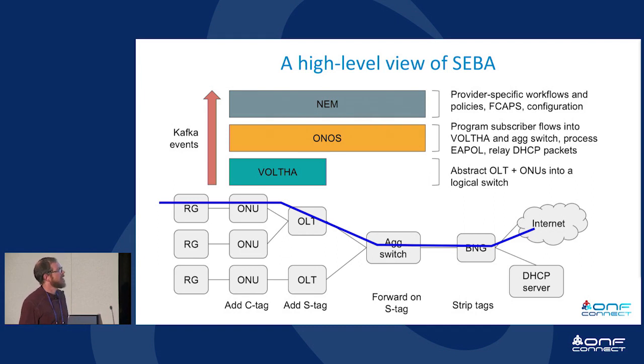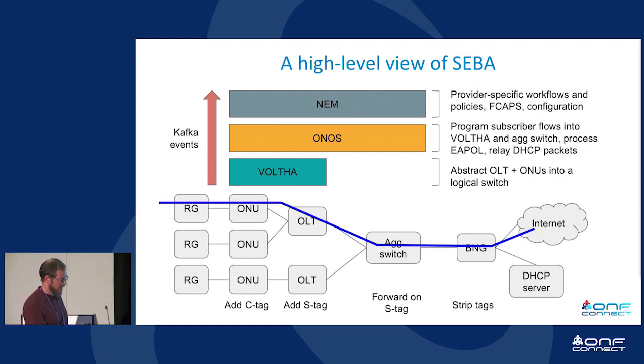And then at the top layer, there's NEM, which is doing configuration of all these other pieces. Down beneath it, it's encapsulating provider-specific workflows, provider-specific policies, and it also has operational features like FCAPS for monitoring and alarms and things like that.